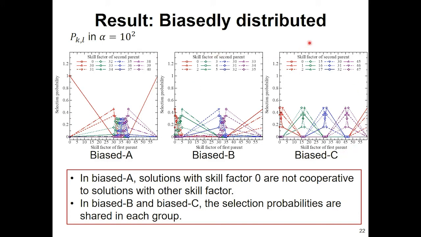From this, we can see that in biased A, solutions with a skill factor 0 have a low probability of being parent pairs with solutions with other skill factors, and in biased B and biased C, the selection probabilities are shared among the groups of objective functions whose goal positions are close.